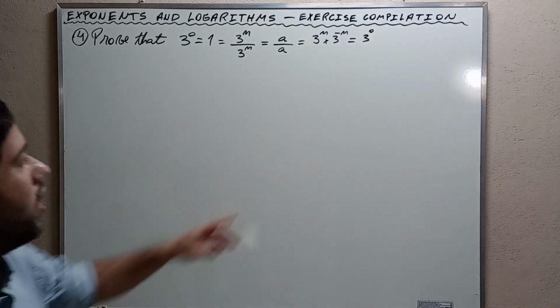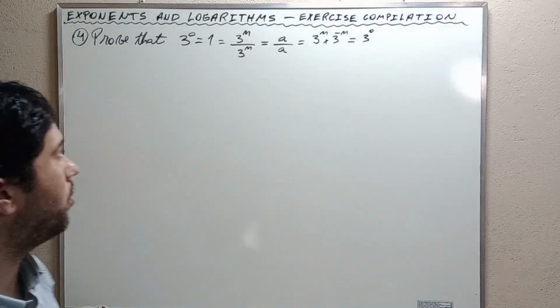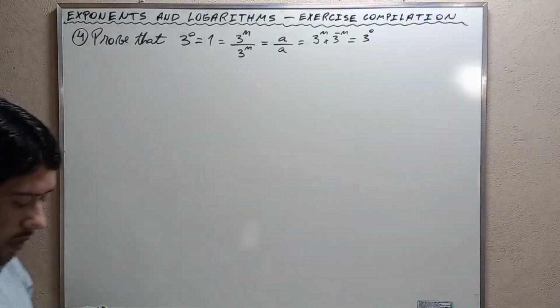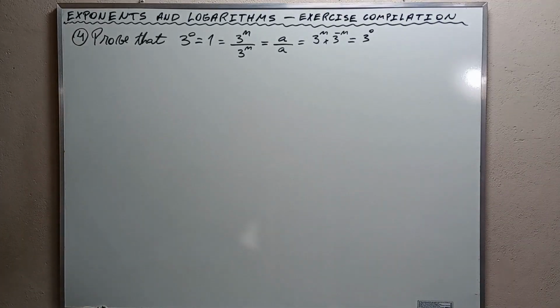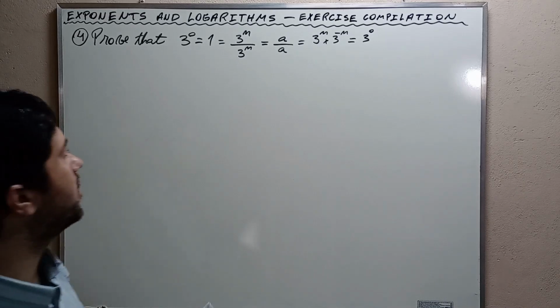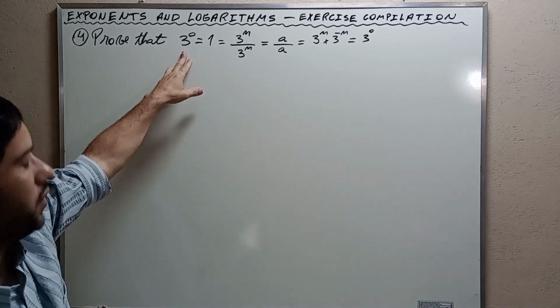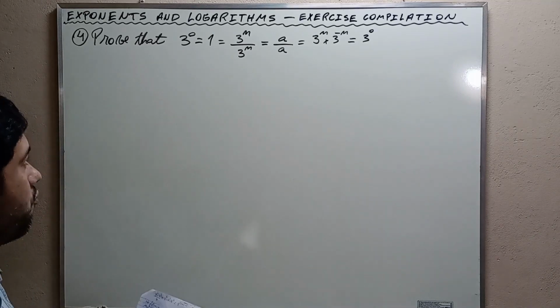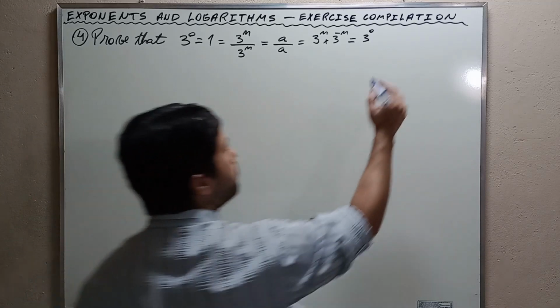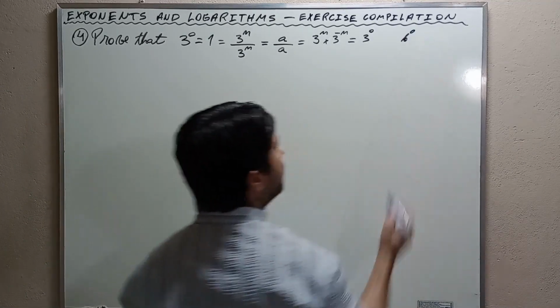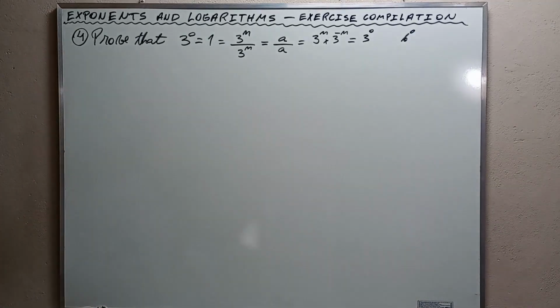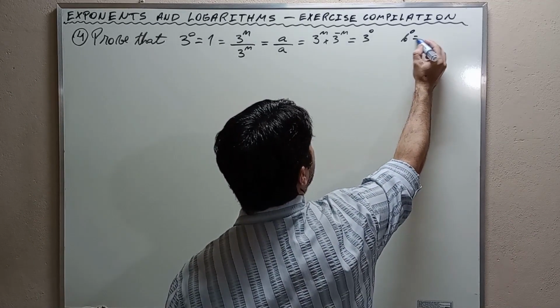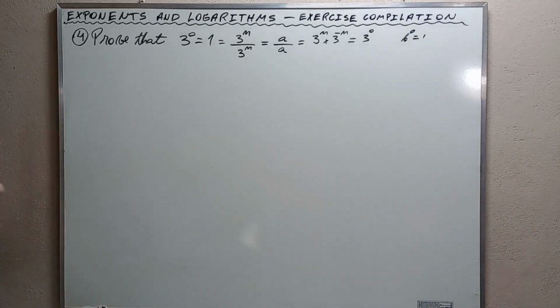That's why 3 raised to the power of 0 is equal to 1. Alright, my friends, this is the conclusion. Every number, it can be 3, it can be any kind of number, every number b raised to the power of 0 is equal to 1. This is the conclusion that we get from this exercise.